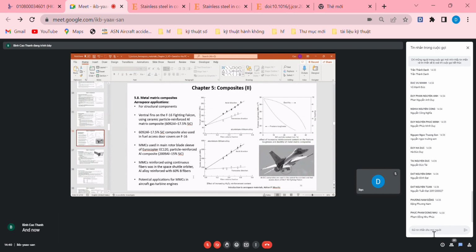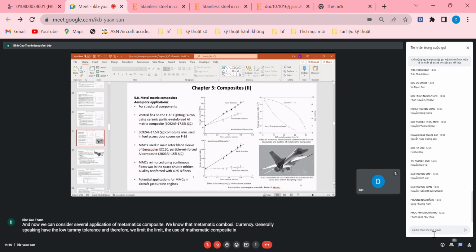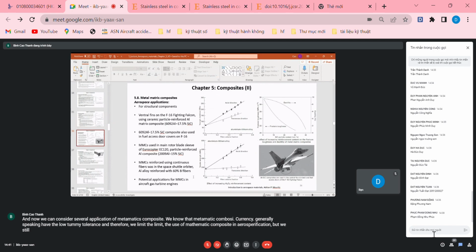And now we can consider several applications of metal matrix composite. We know that metal matrix composite, generally speaking, has a low damage tolerance, and therefore we limit the use of metal matrix composite in aerospace applications, but we still find some for fabricating structure components.